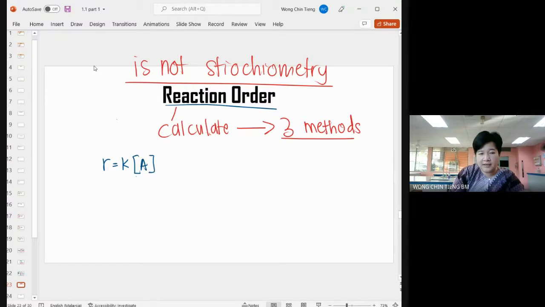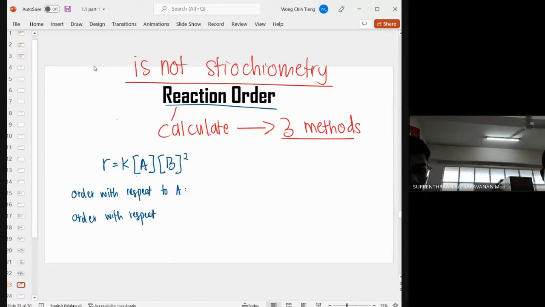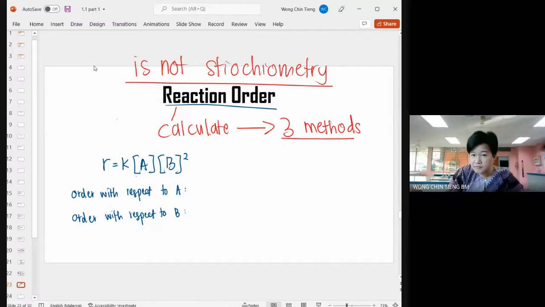Contoh, kalau saya ada A and then saya ada B kuasa 2. What is the order with respect to A? Anyone? 1.